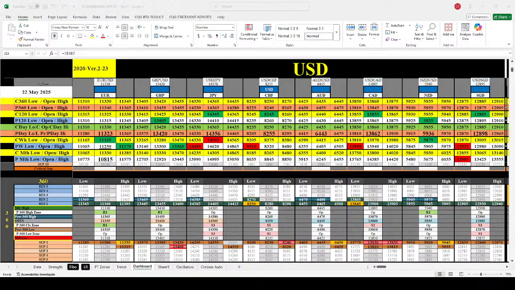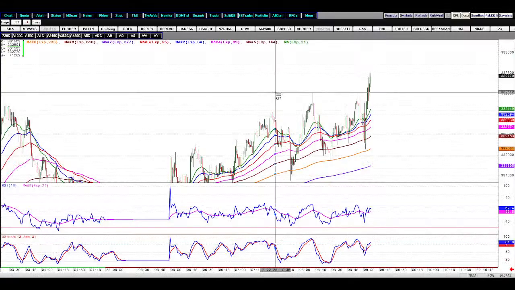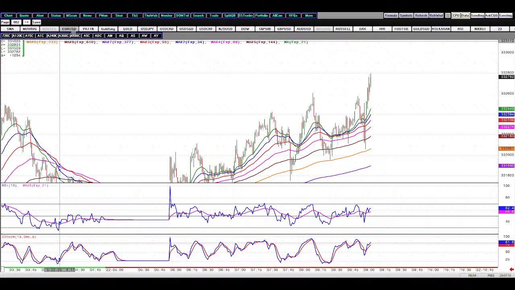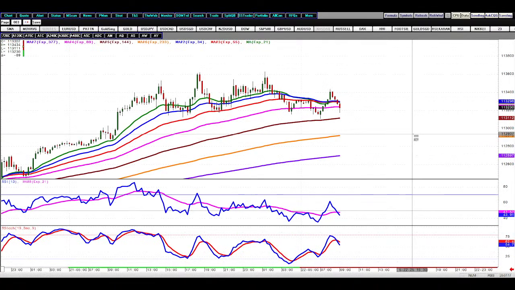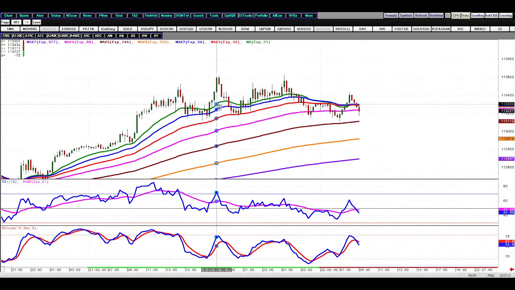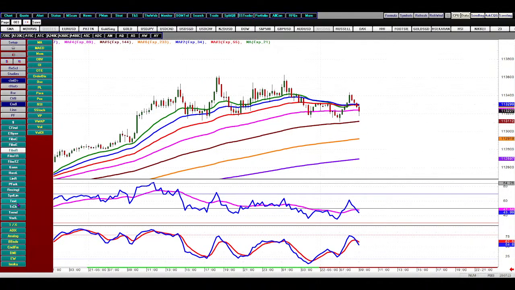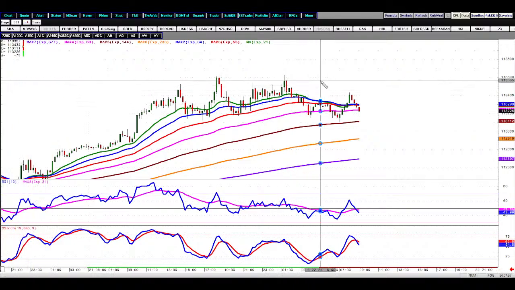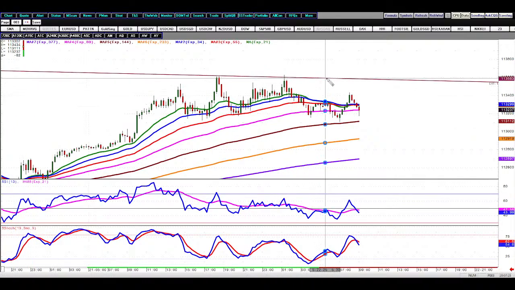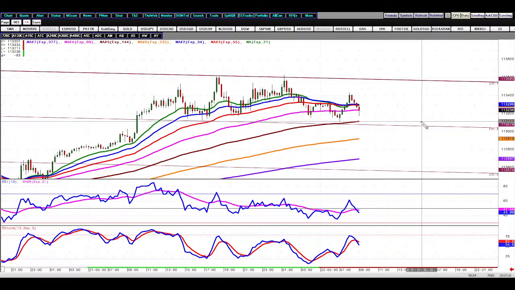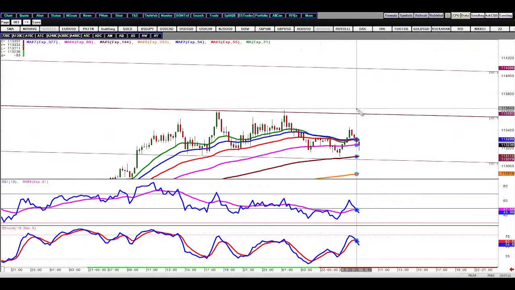So let's see the chart, then we can decide on what we want to do. Right now if we see the price, there is a possibility the high may be seen, or we can see the price pushing towards 11410 before the price turning down.